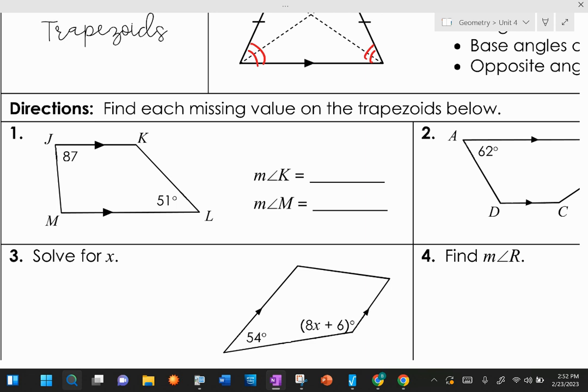So, bit of a trick question. Can you get K from J? Not necessarily, because this is a non-isosceles trapezoid. This is going to be impossible to say. So how do I get K's measurement?